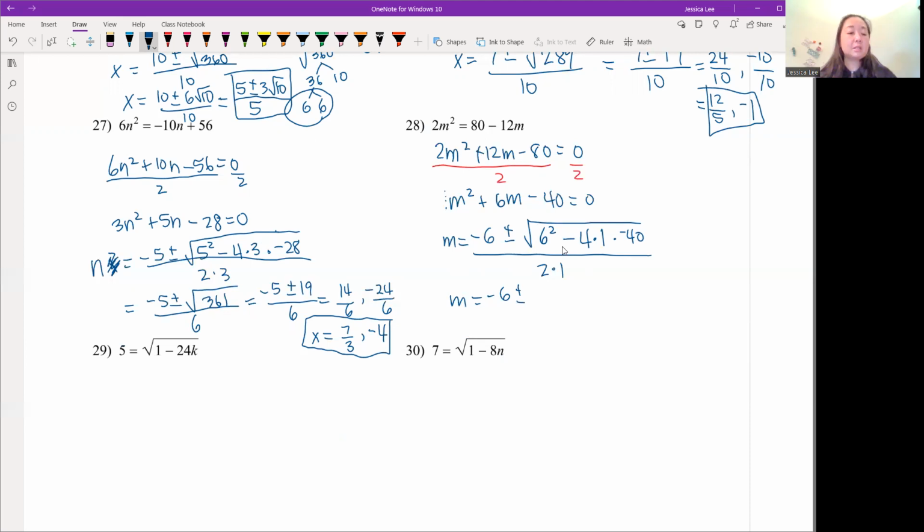That's going to be 196. Yep, like I said. Square root of 196 over 2.